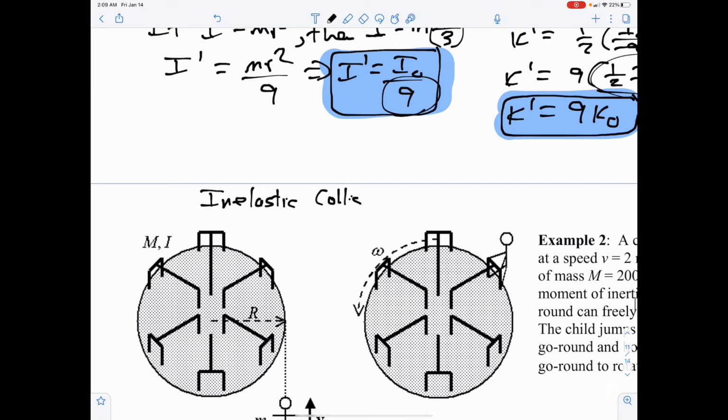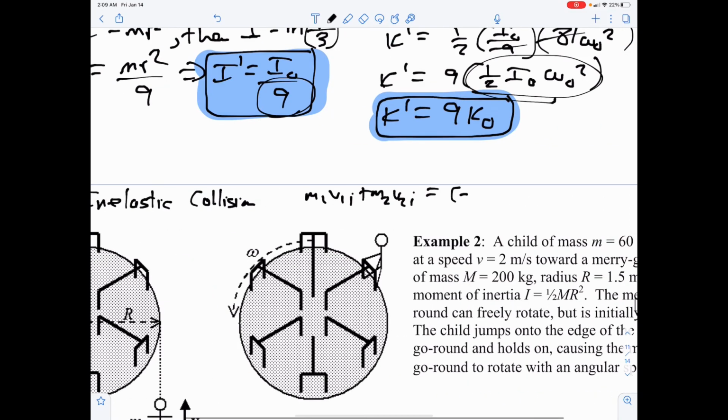And as we learned about inelastic collisions, they're the type where the kinetic energy is not conserved, and there's a loss in kinetic energy after they collide. But visually, we kind of represented it very similar to two masses sticking together after the collision. So if we have m1 v1 initial plus m2 v2 initial equals, well, the two masses stuck together, m1 plus m2 times v final or v prime.